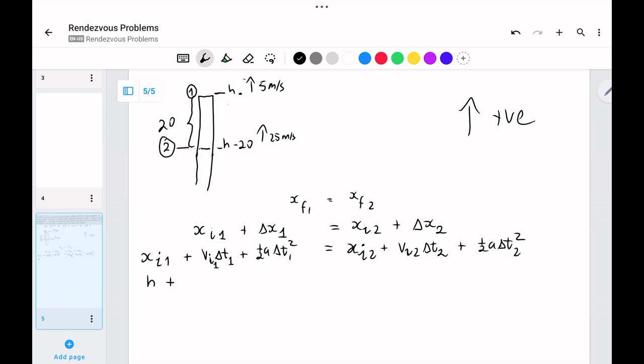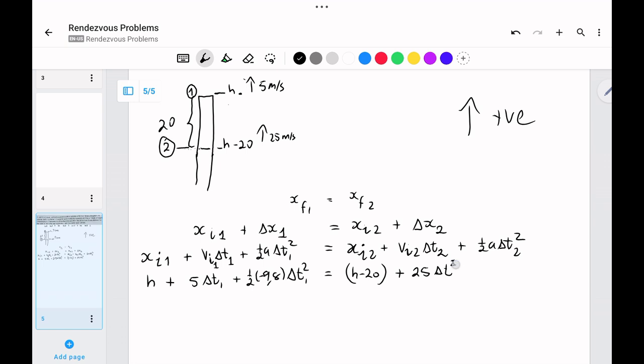Now, initial velocity object 1 was positive 5 meters per second, delta t 1, plus 1 half minus 9.8 delta t object 1 squared, equals initial position of object 2, which is h minus 20 meters below h, plus, now initial velocity object 2 is positive 25 meters per second, because I'm saying that up is positive.